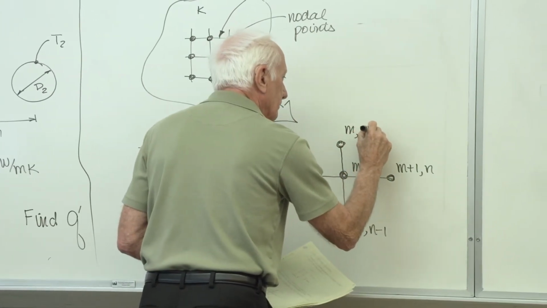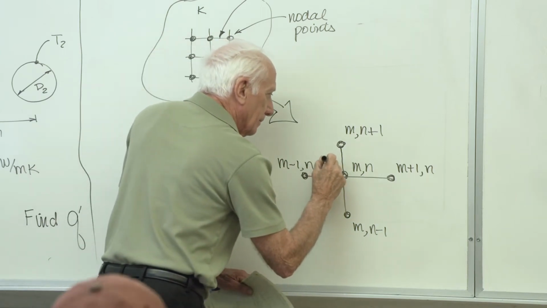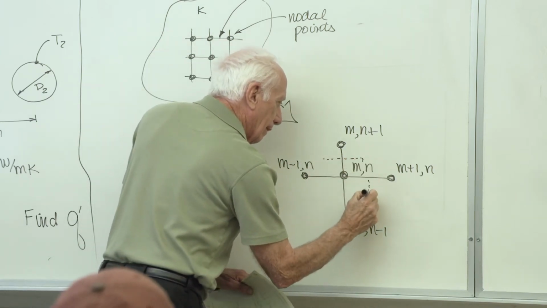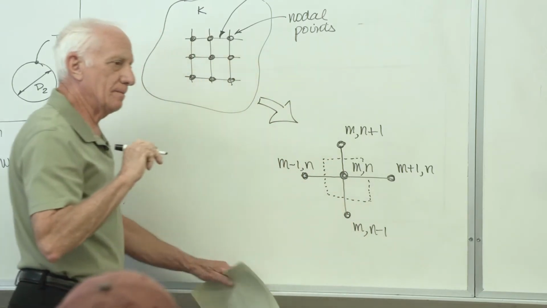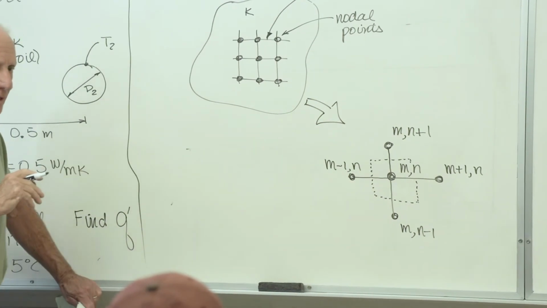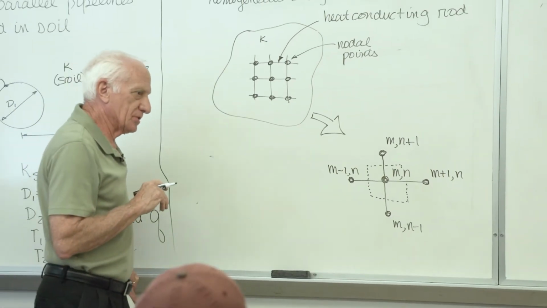Mn plus 1. So the node Mn replaces the material in the dashed lines. Mn is called the center node.